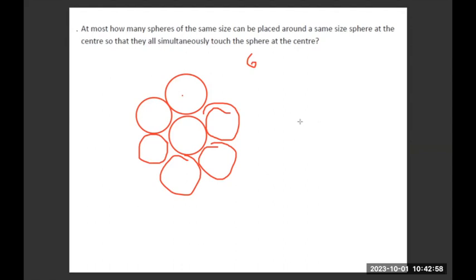So, as a, how should I put it? As a diagram, it will look something like this if I'm looking at it from the front side. So it will look something like this from the front. But I'm still left with the top part.